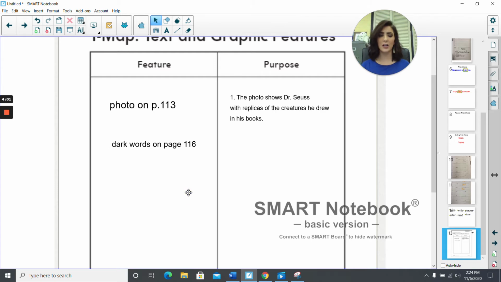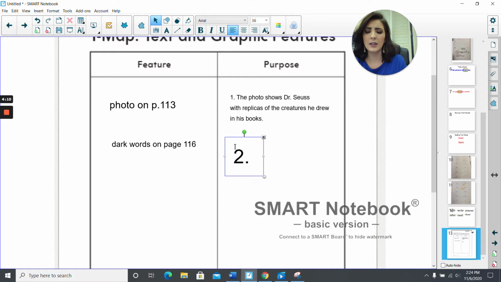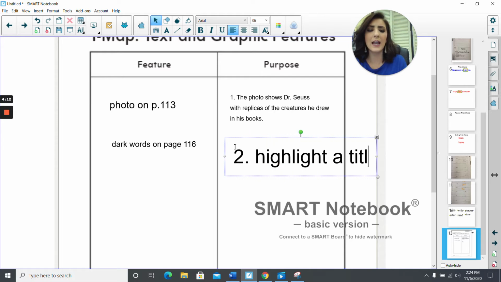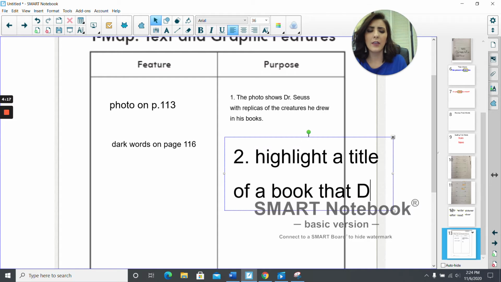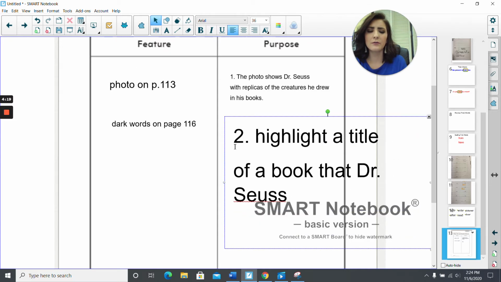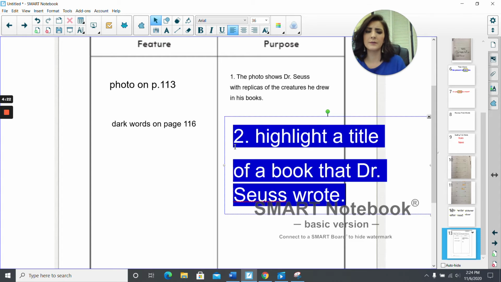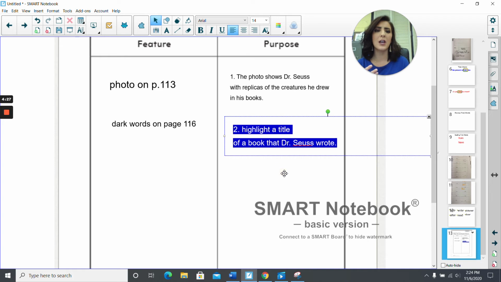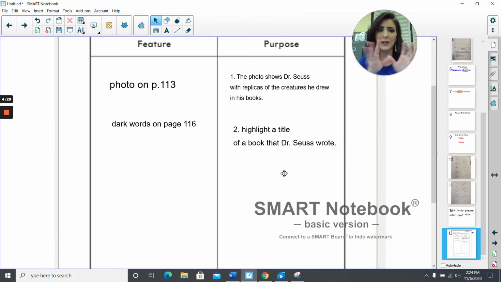So the dark words on page 116, and the purpose of those dark words is to highlight a title of a book that Dr. Seuss wrote. Okay. So they're just trying to make your eyes notice. When we see those dark black letters, it kind of pops out to us when we're reading, and it lets us know, oh, that's one of the titles of the stories that he wrote.